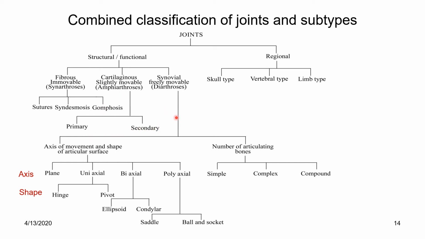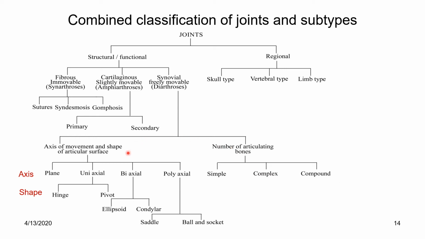The diarthrosis is classified depending on the axis of movement and shape of articular surface, and depending on the number of articulating bones. Depending on the number of articulating bones, the synovial joints or diarthrosis are classified into simple, complex and compound.